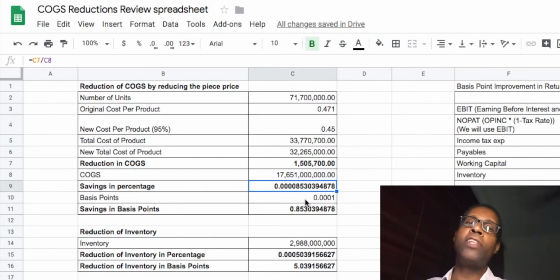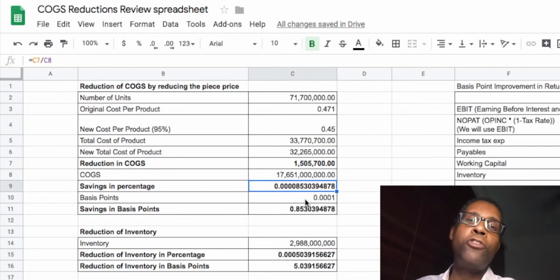Basis points lets you take a very small percentage and get it to a whole number. I saved 1 basis point this year in terms of procurement spend and cost of goods sold, or by doing this information systems consulting project, you'll save a couple of basis points in terms of your costs, or you'll even deliver a few basis points improvement into your return on invested capital.